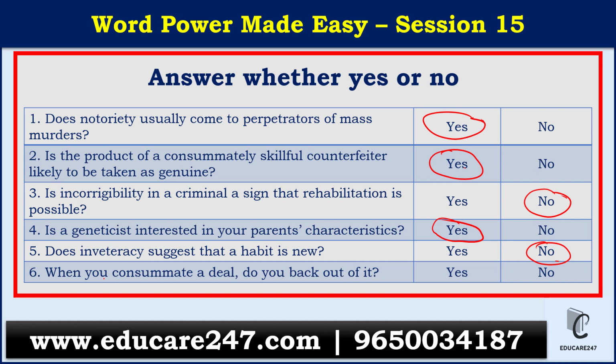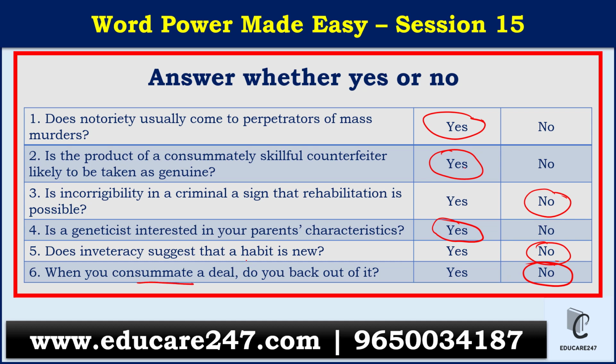Next we have is when you consummate a deal, do you back out of it? Consummate is basically to make something perfect. So why would you back out of it? So consummate here is to make something perfect.